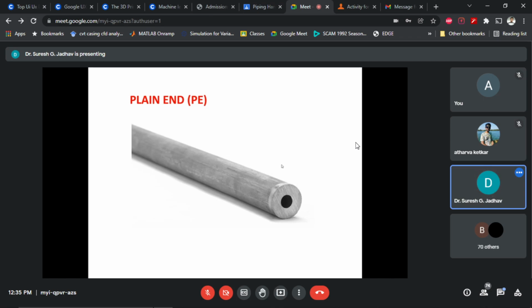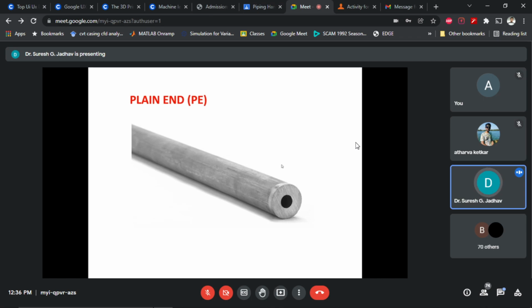Therefore, to consider the plain ends, they are typically cut at a 90-degree angle with the pipe run for flat or even terminations. In most cases, plain end pipes are used in combination with slip-on flanges. There are types of flanges: slip-on flanges, and socket weld fittings and flanges.